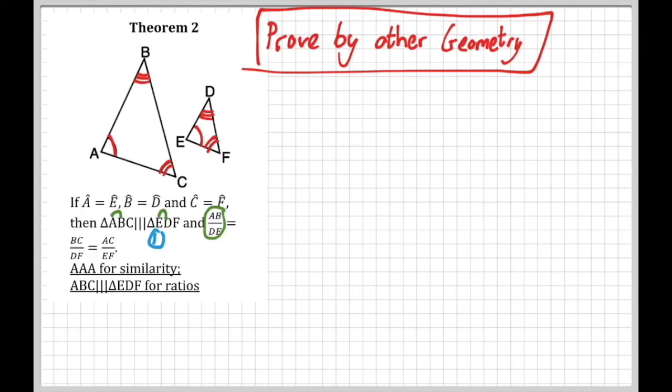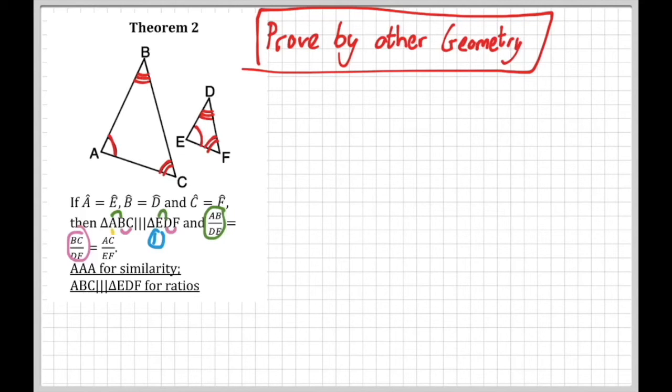AB, because it's written first and second, will be equal to AB over DE. So the ratio between AB and DE must be the same as the ratio between BC and EF, because now they're placed second and third in the first triangle and in the second one.